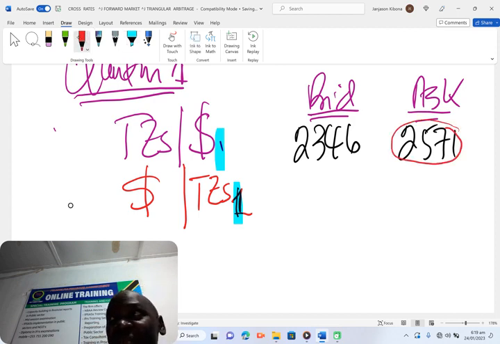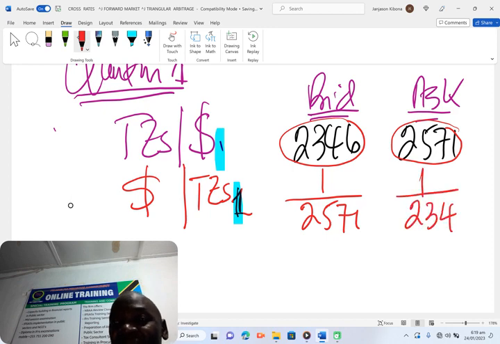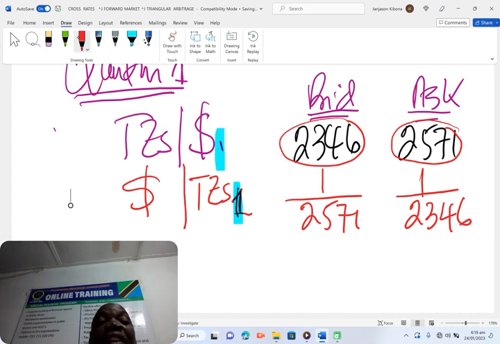Do you see it? This is the ask price. Then you put it here. Again, you take this, you put it here. This is a very technical approach. I repeat, this is a very technical approach in this two-way quotation.